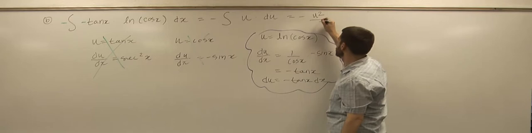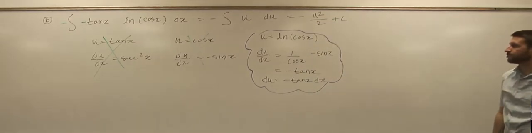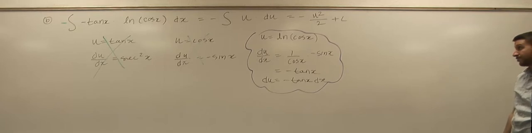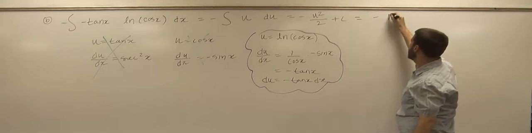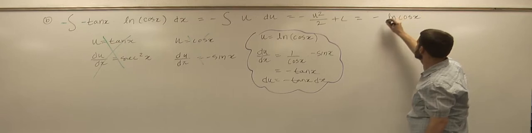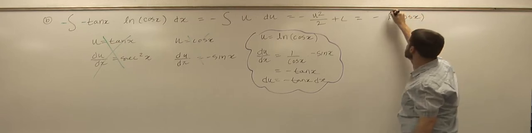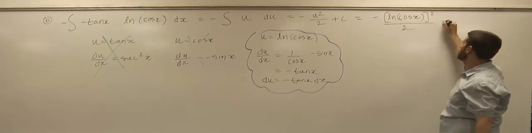Negative u squared over 2, plus a constant. Negative ln of cos x, squared, over 2.